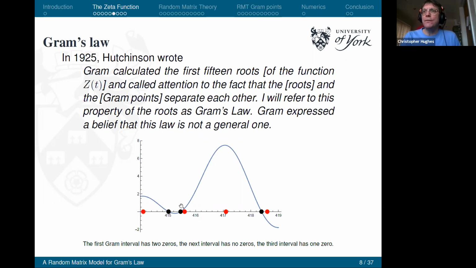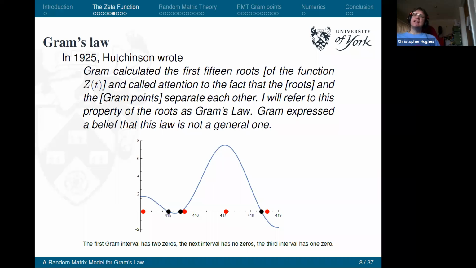So I've got a Gram interval, one Gram point to another Gram point, that contains two zeros. And then I've got a Gram interval, Gram point to the next Gram point, that contains no zeros. And then things head back to being normal. So it's a good rule, but it's not always true.